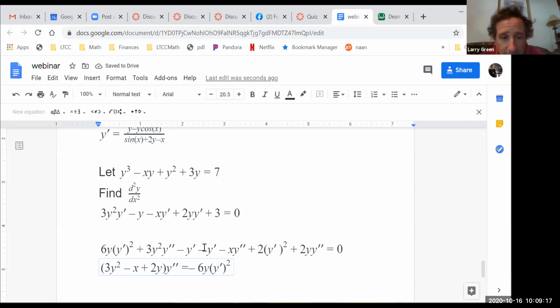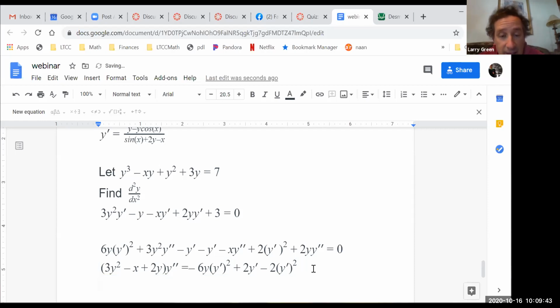And then I'm just going to put these together, a plus 2y prime. And then we have a minus 2y prime squared. And that's all of them.